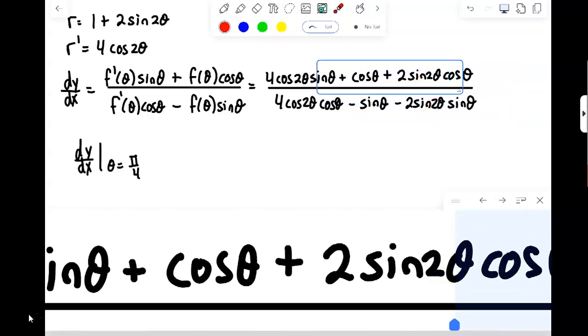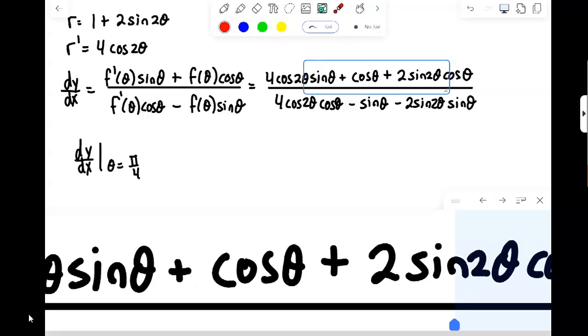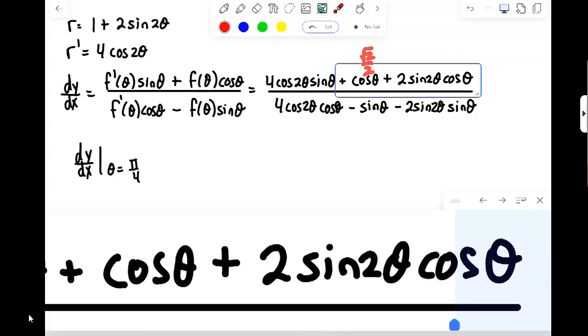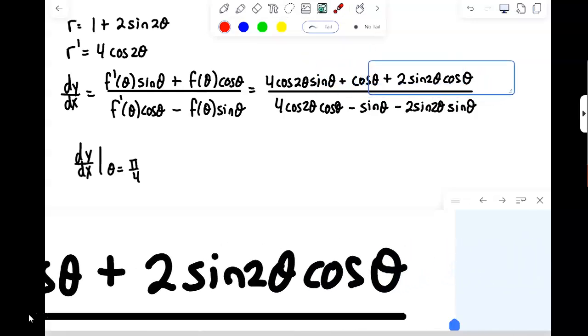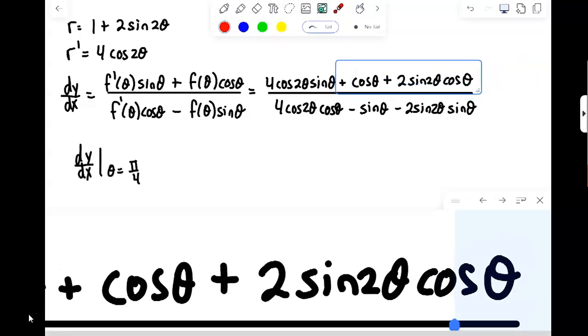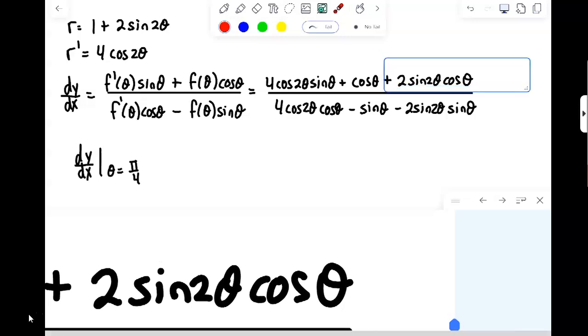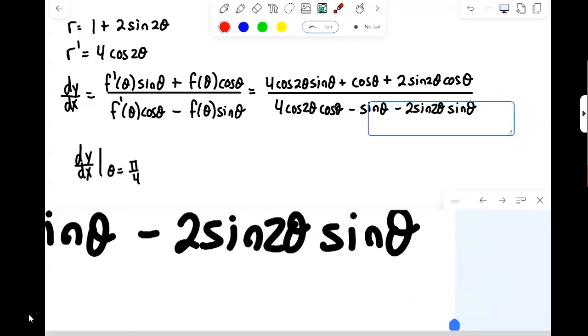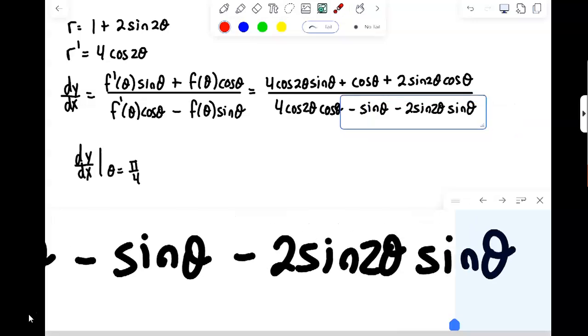And so what you're going to have here on top is cosine of pi over 4, which is square root of 2 over 2. And then you're going to have 2 times square root of 2 over 2. So basically you're going to have square root of 2 over 2 plus square root of 2. And on the bottom, you're going to have another square root of 2 over 2 minus 2 times square root of 2 over 2, or minus square root of 2.